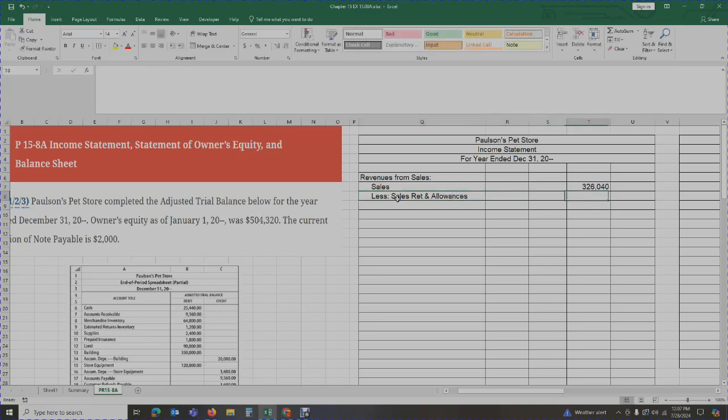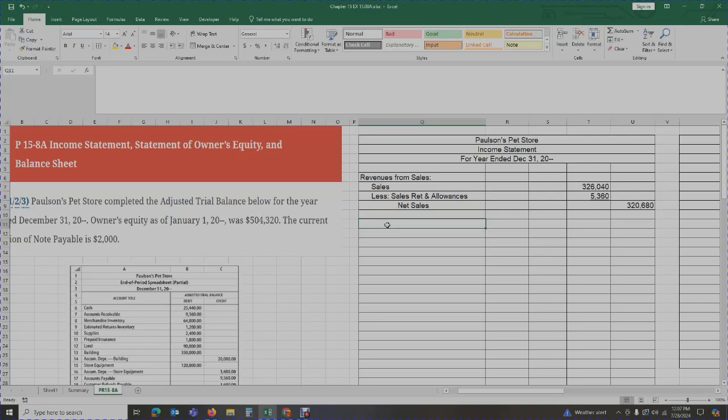Now we can calculate our net sales, the sales after the returns. If we take the 326,040 minus the 5,360, that gives me net sales of 320,680. We did this calculation in the third column to calculate our grand total for sales that we're going to put in the fourth column. Remember, in the fourth column we only put our grand totals.